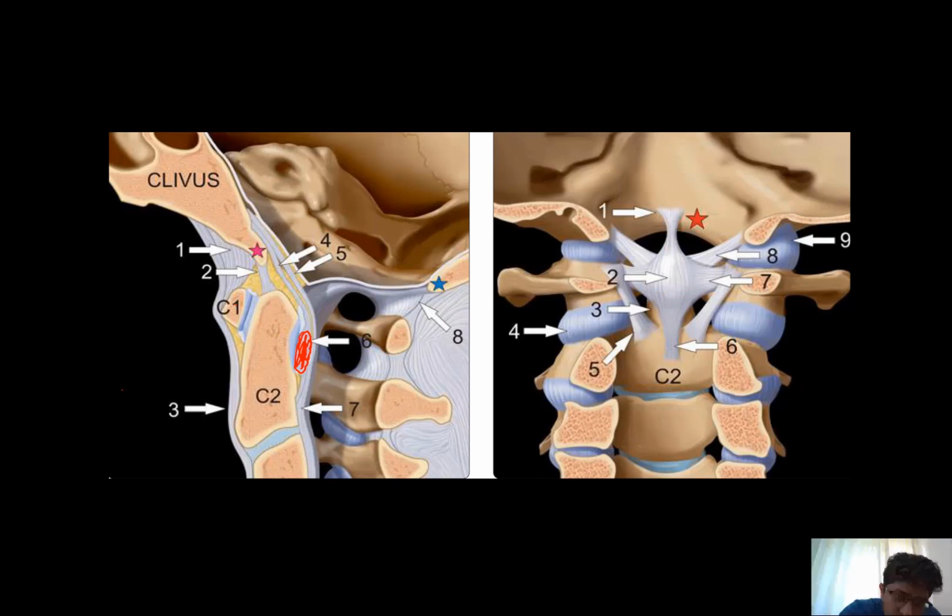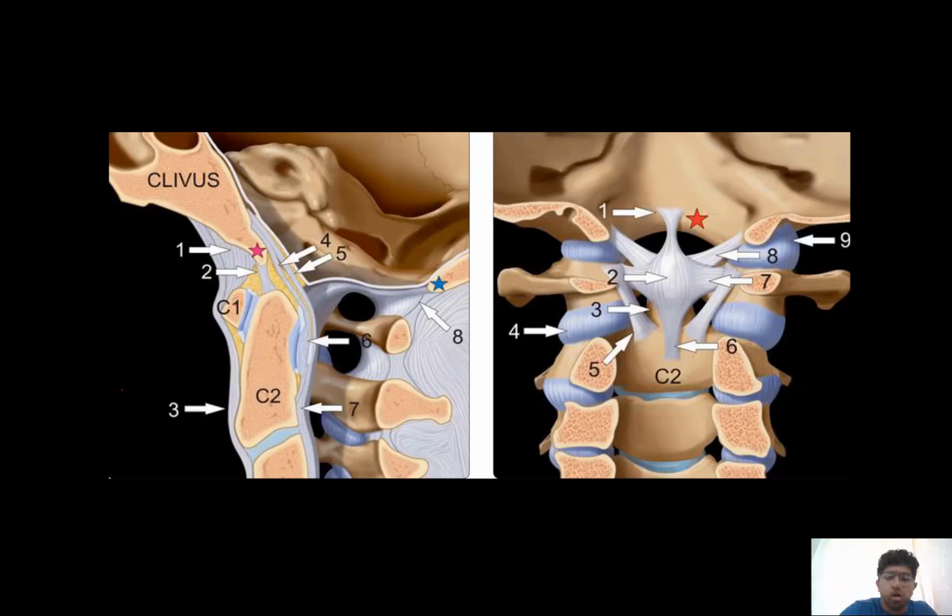Then there is a ligament extending here. This is called the tectorial membrane. It is posterior to the cruciate and the transverse ligament. A ligament attaches from the basion and goes all the way to the C2 vertebral body, posterior to the cruciate ligament and the transverse ligament.